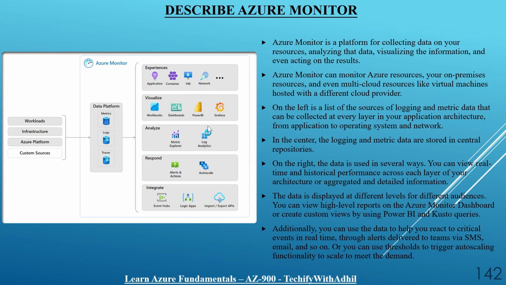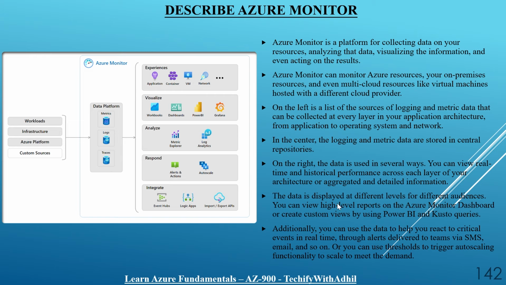You can use it for log analytics, then metric explorer, and for responding, like creating alerts and actions, then auto scaling the VMs, then for integrating with event hubs, logic apps, and import and export APIs. So you can utilize the metrics, logs, and traces on these different levels.